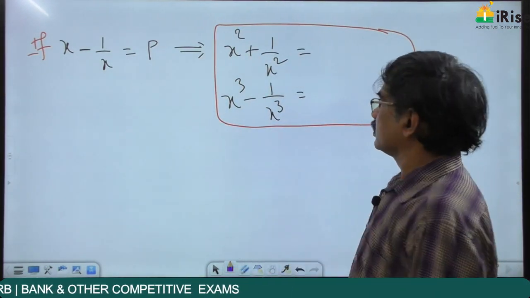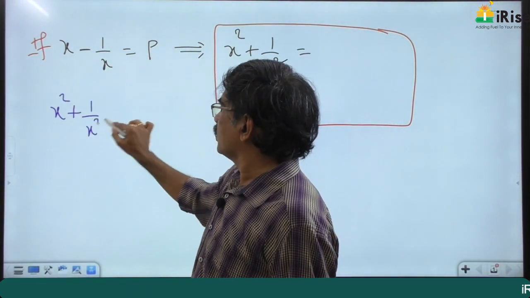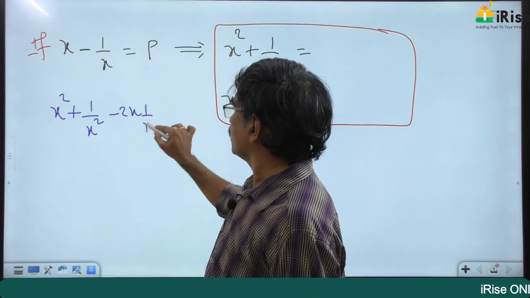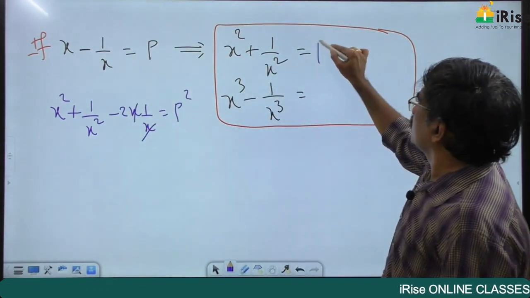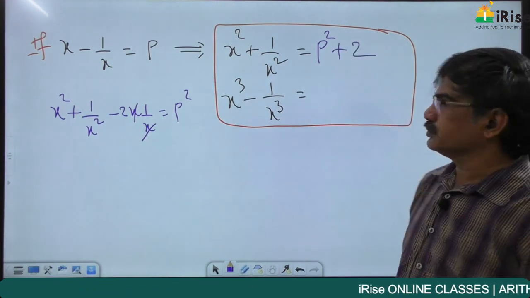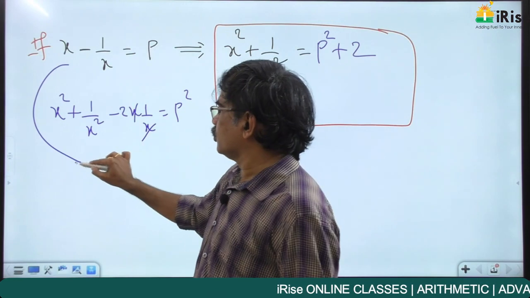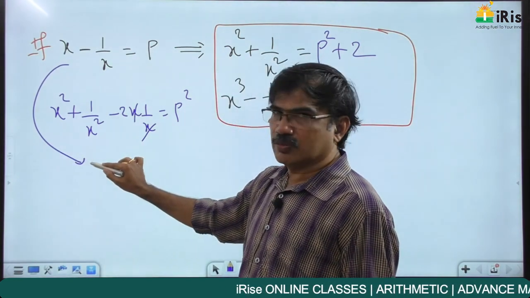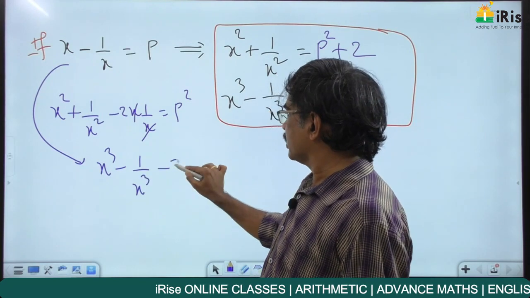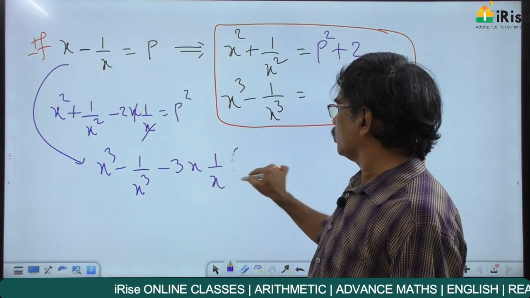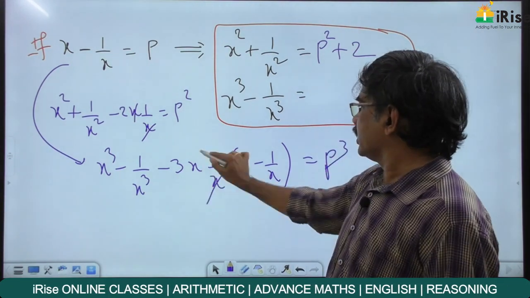Just squaring on both sides, a square plus b square minus 2ab is equal to p square. x cancels, we get p square plus 2. Similarly, cubing on both sides, a cube minus b cube minus 3ab into a minus b is equal to p cube. x cancels.